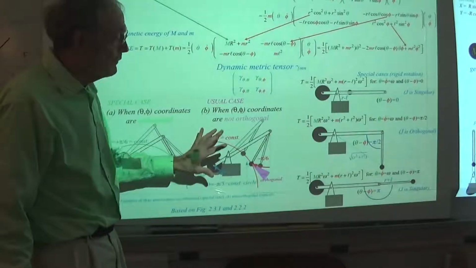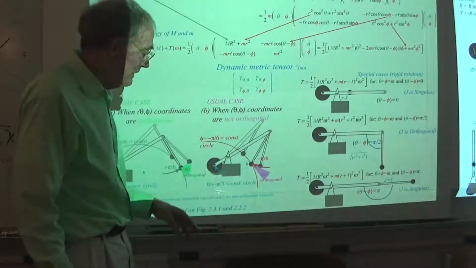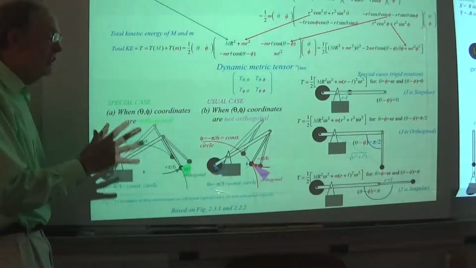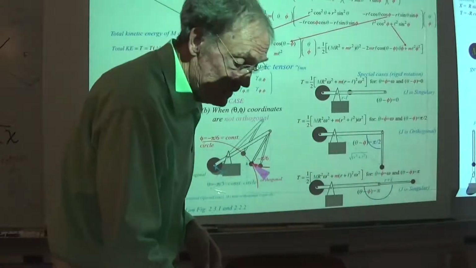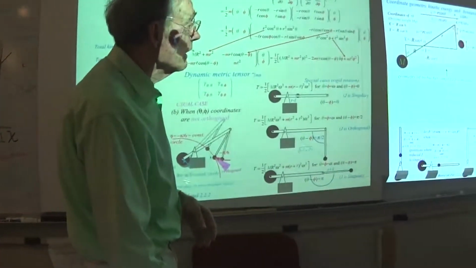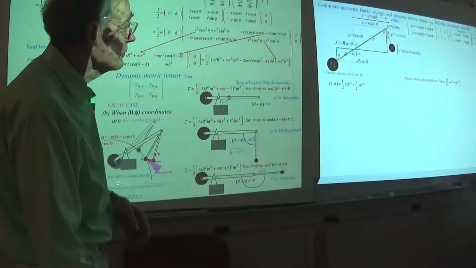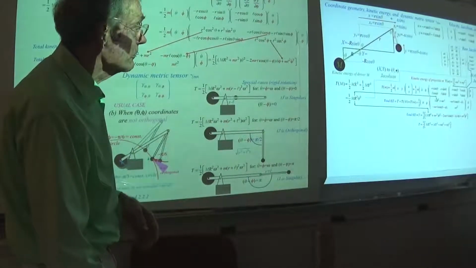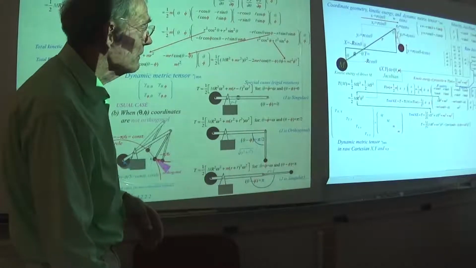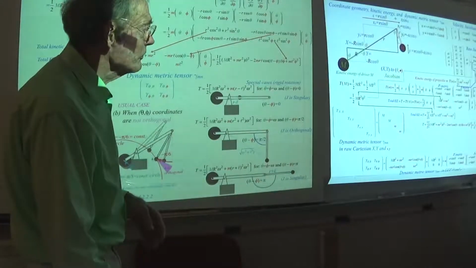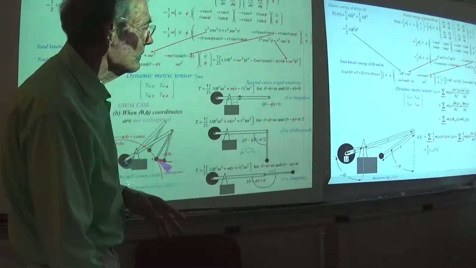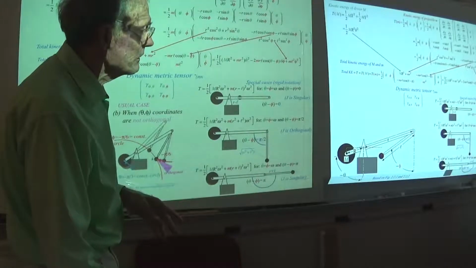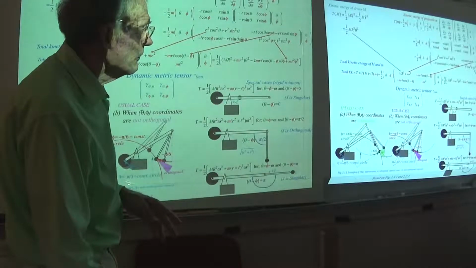And so it's worthwhile at this point to look a little bit at what the GCC look like for this crazy device. So I'm going to go ahead on both these screens here with pictures of that. There's kinetic energy being built there again. There's the metric tensor being made, and this is just showing the structure of the dynamic metric tensor in several cases.